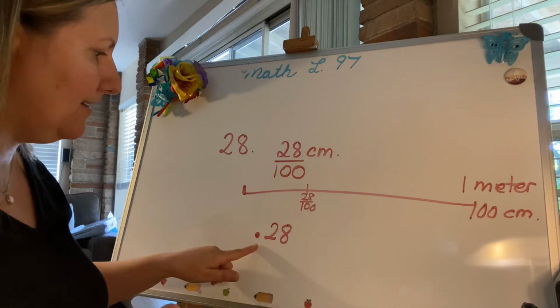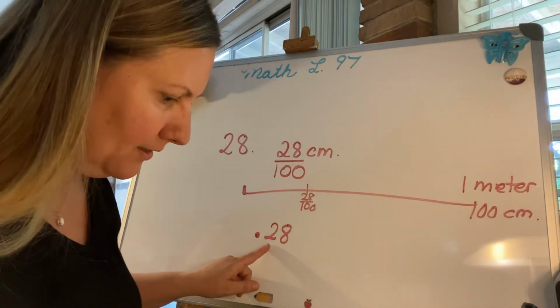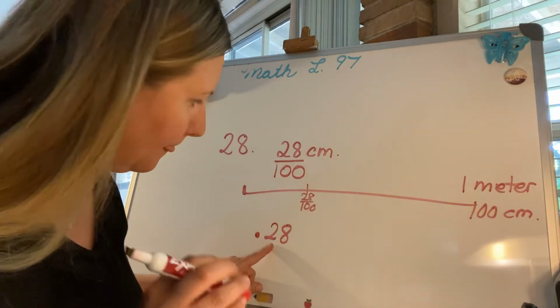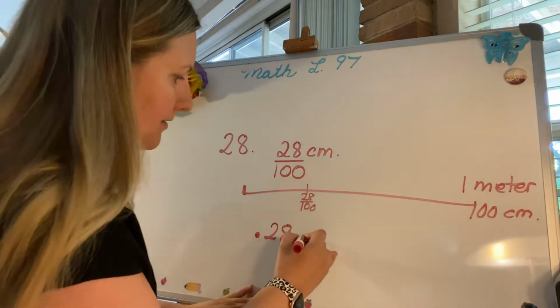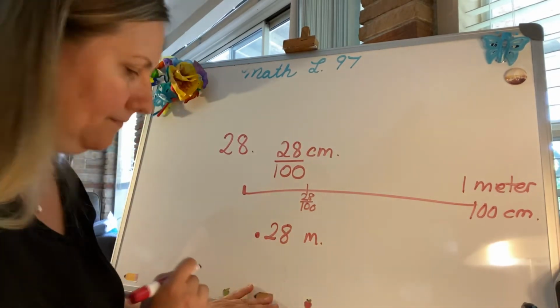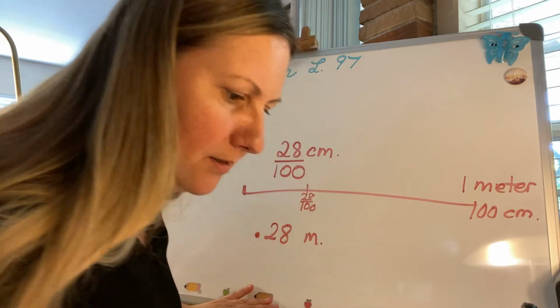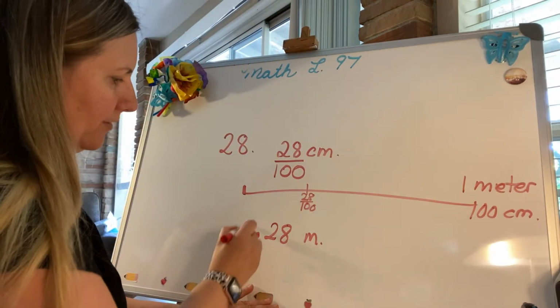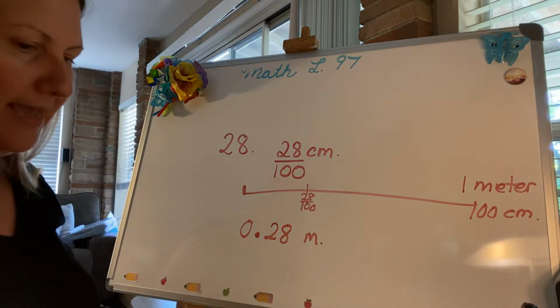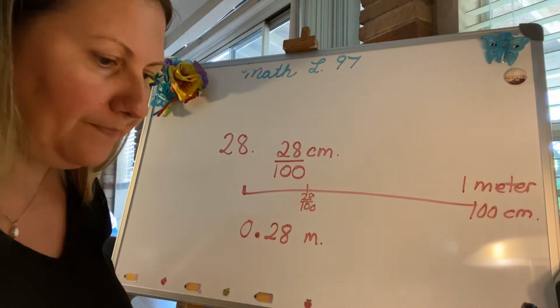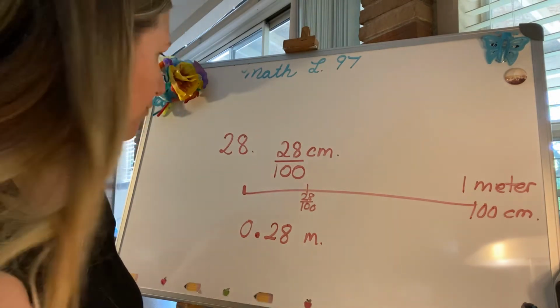So the answer is 28 hundredths of a meter. And we would usually write 0.28 meters.